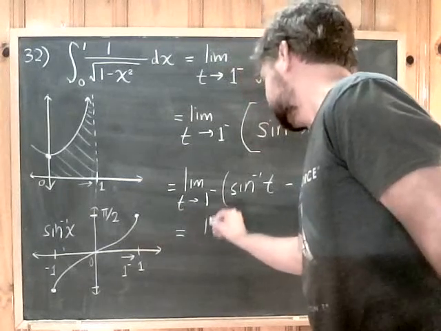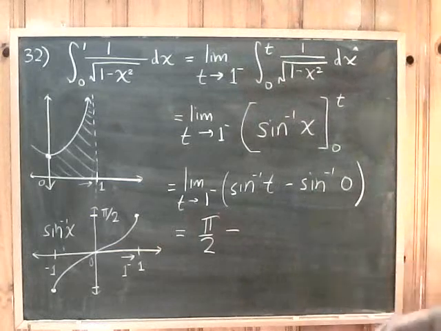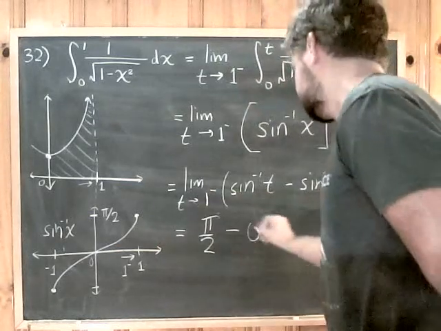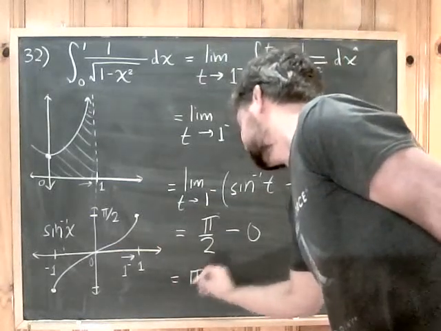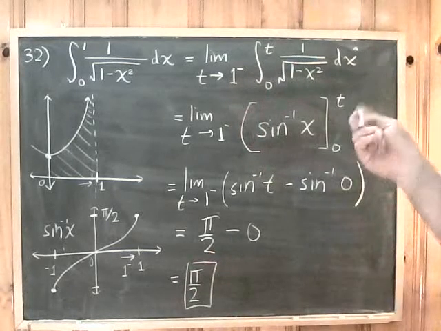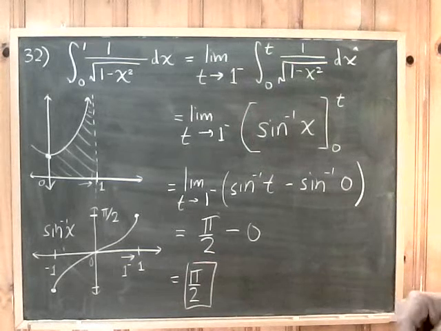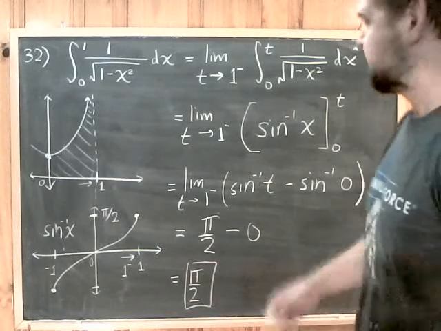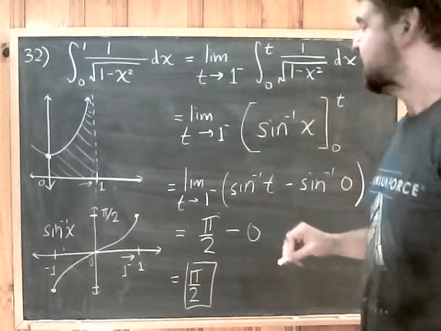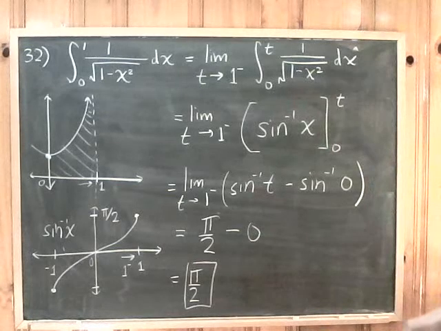So I get pi over 2 minus, and sine inverse of 0 is just 0. So pi over 2. And that would be what you get by plugging 1 into sine inverse as well, like on a calculator. But I needed to illustrate the fact that you have to take that left-hand limit, because sometimes you get different answers on the left and right, and you need to make sure you're looking at it from the left.